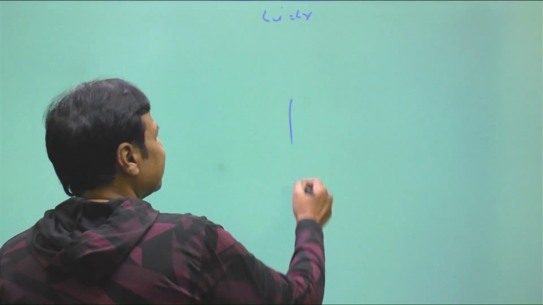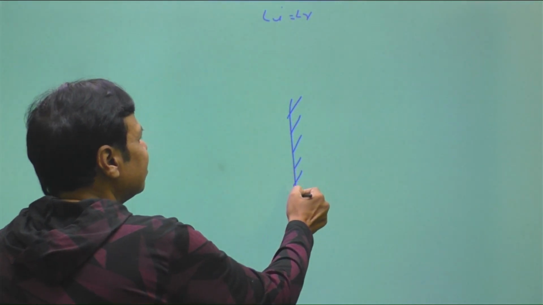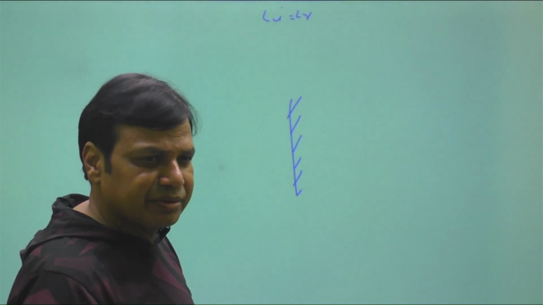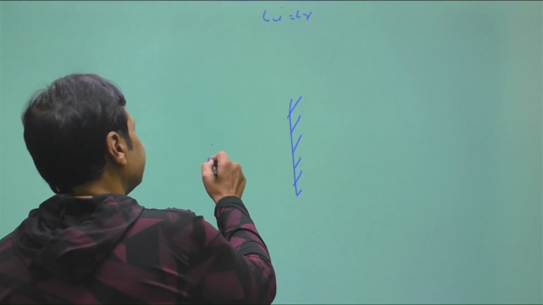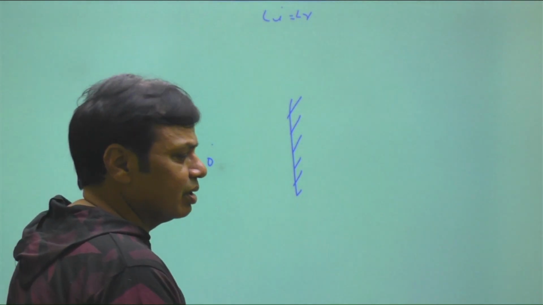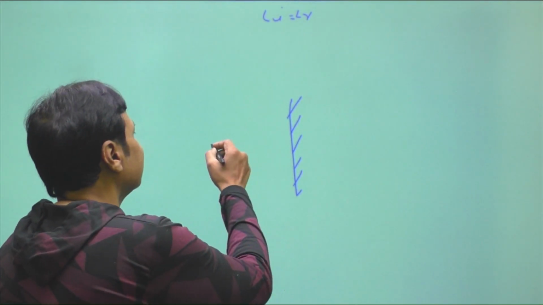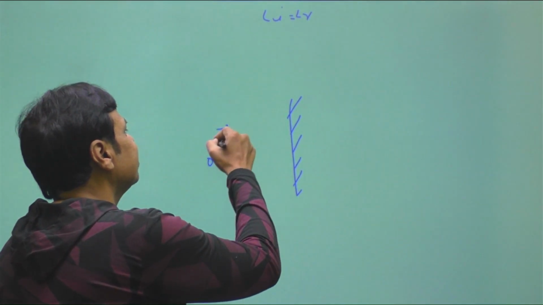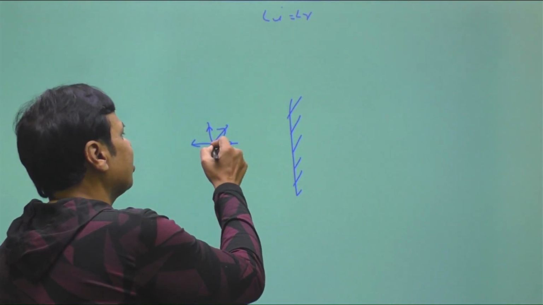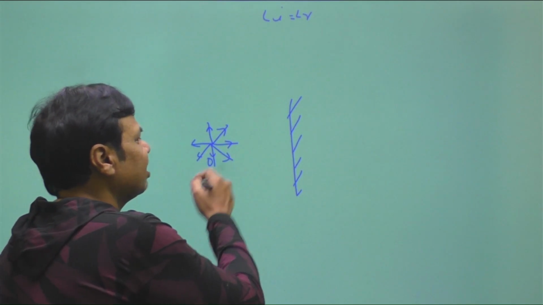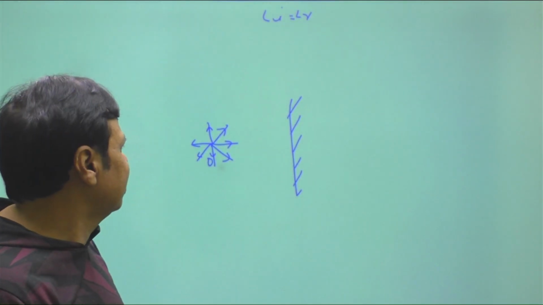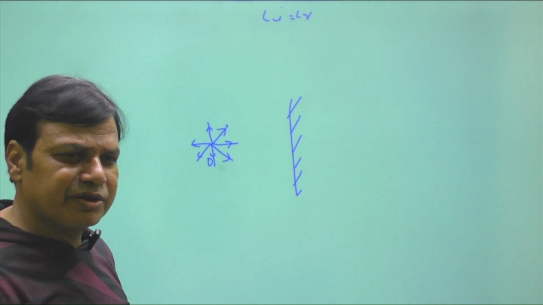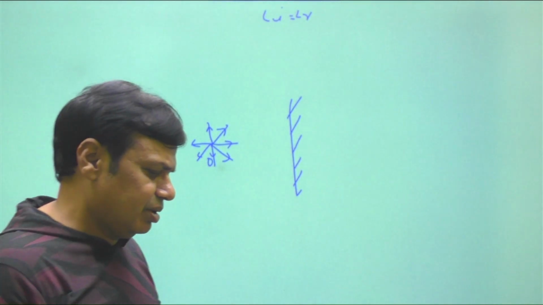Suppose we have a plane mirror silvered from this side, and this side is reflecting, and you get an object here, and there are infinitely many light rays coming out of this, diverging from this point object. So it's a source of light, some kind of source of light.